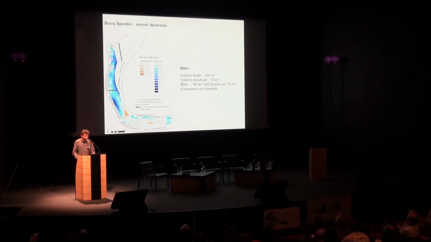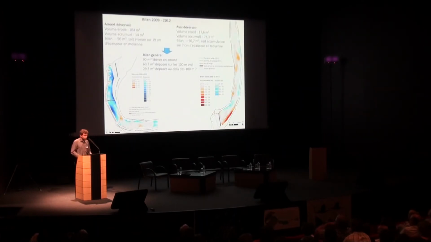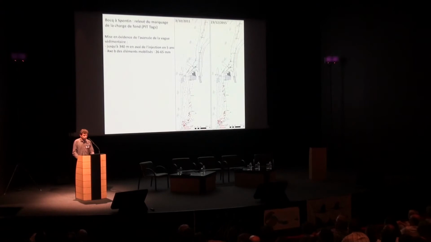That's an erosion of 19 centimeters. And we did the same exercise downstream. Here are the results on the right-hand side. And we see a positive result. That's an accumulation of 60 cubic meters. So overall, the general balance is 29 cubic meters deposit. We suppose they are downstream of the 100 meters because we don't know where this difference comes from.